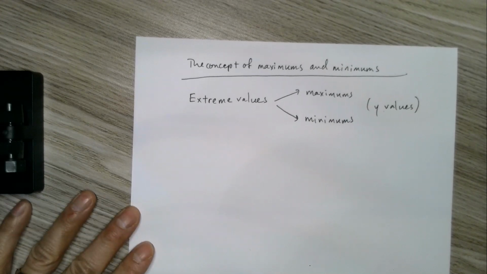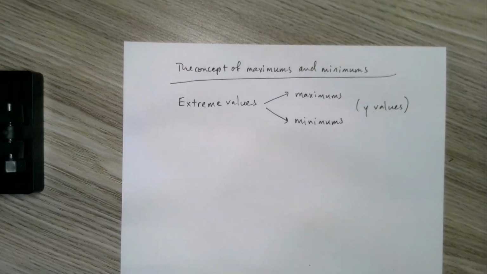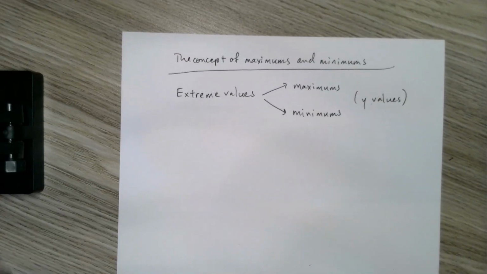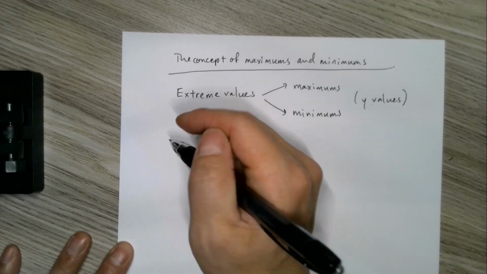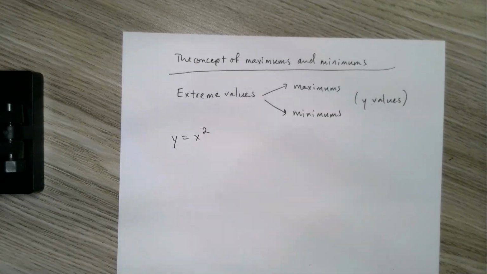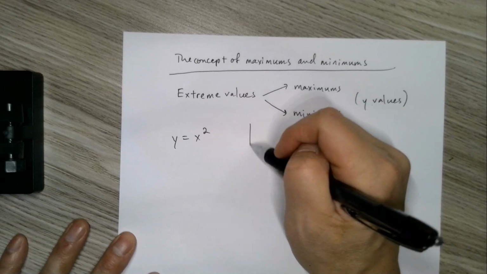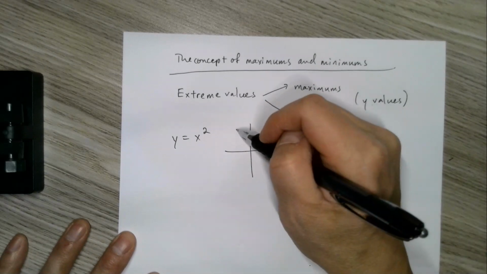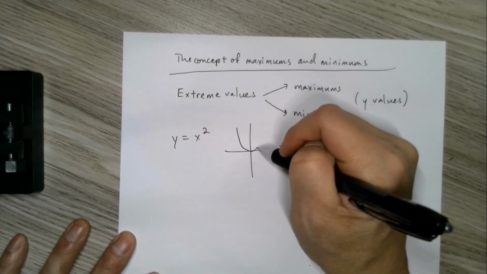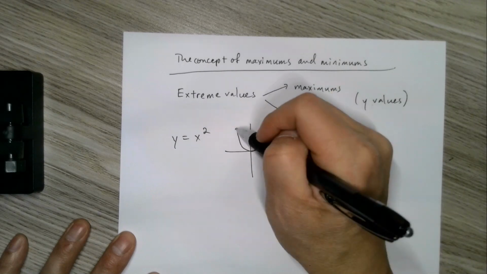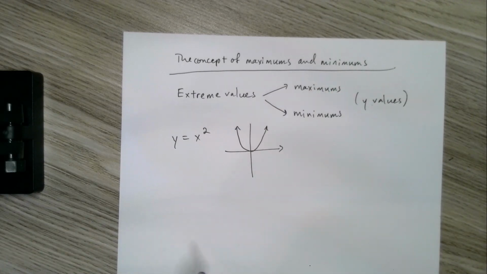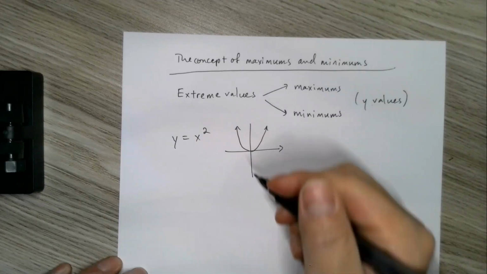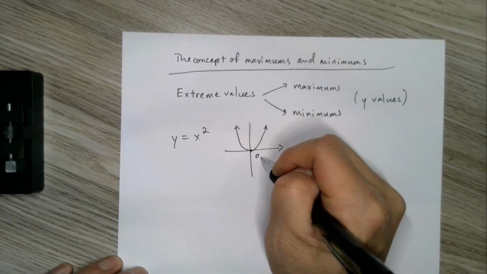So here are a couple of examples of functions that we're very familiar with that may or may not have maximums and minimums. This is one of my go-tos, y equals x squared. We all know that this is a parabola with a vertex at the origin. And we can see from the graph of the parabola that there is a lowest point at (0, 0).